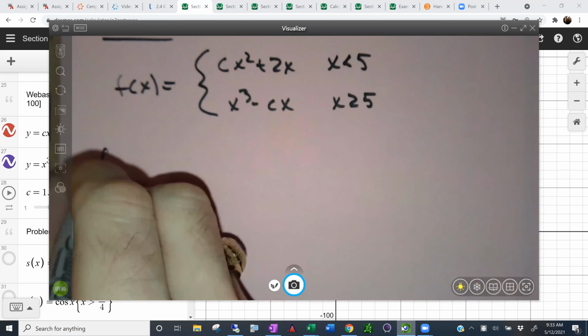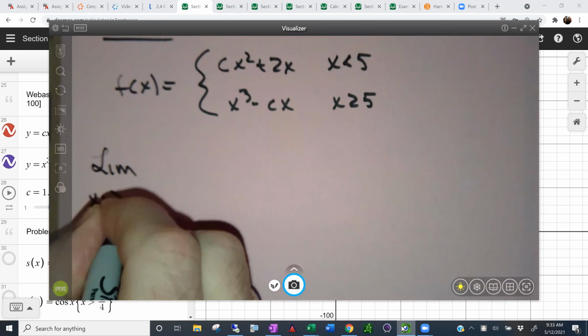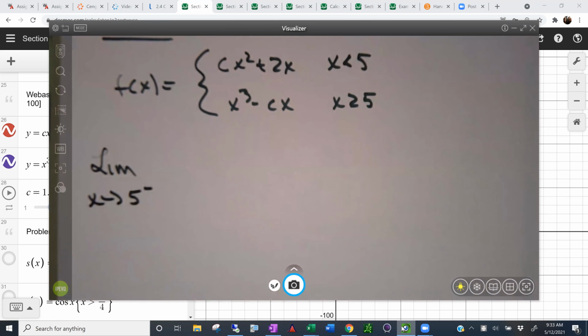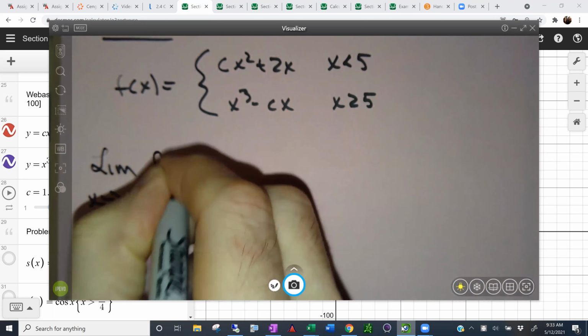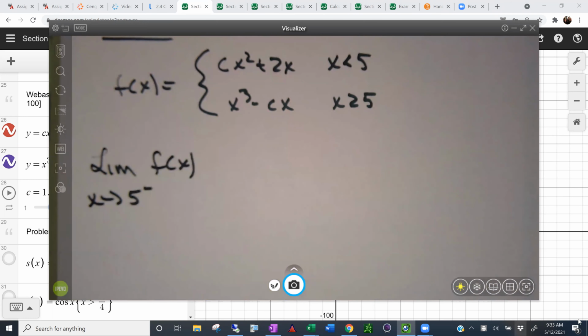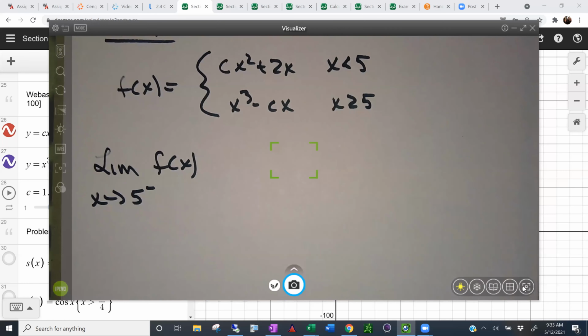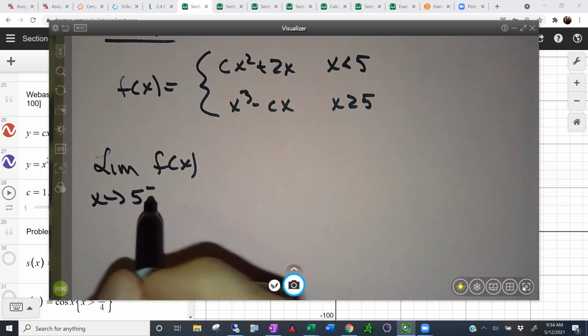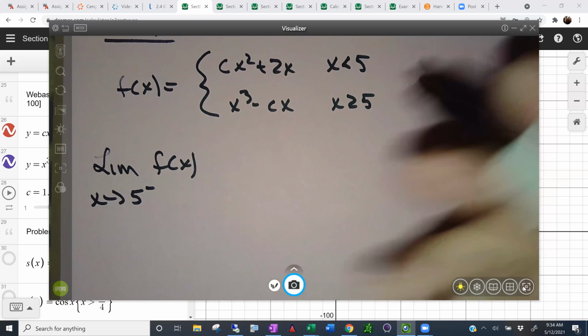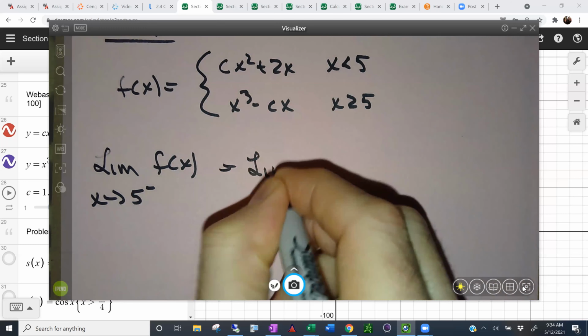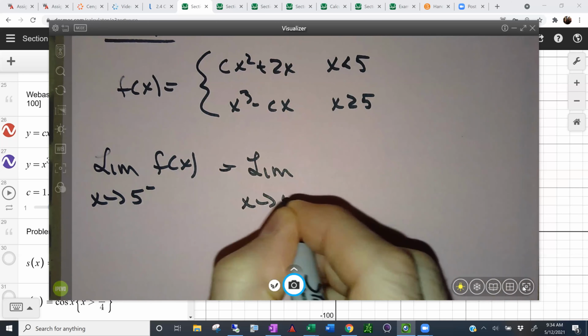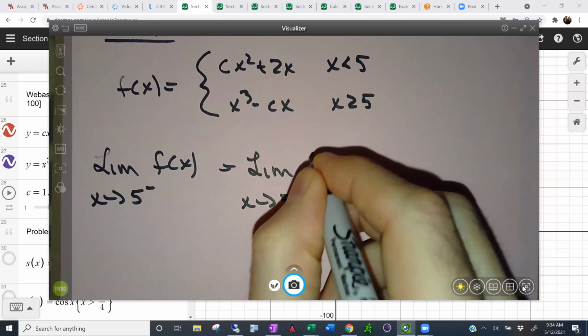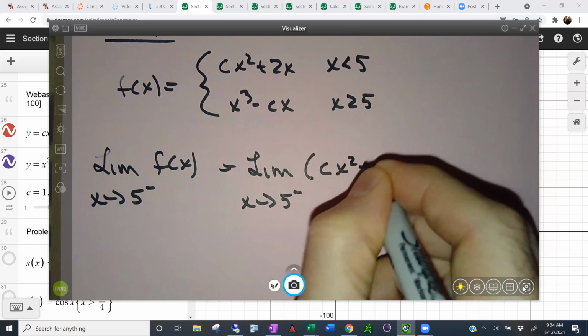So let me take a look at the limit as x approaches 5 from the left of f of x. Now, if I'm approaching 5 from the left, that means I'm less than 5. So this is really the limit as x approaches 5 from the left of c times x squared plus 2x.